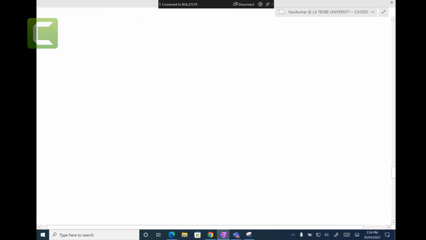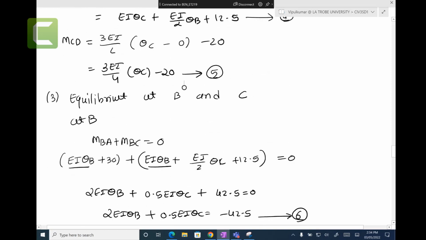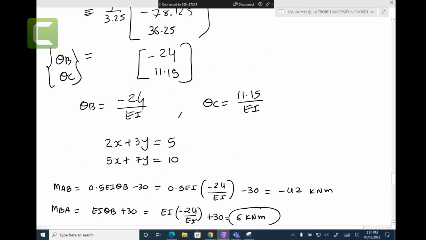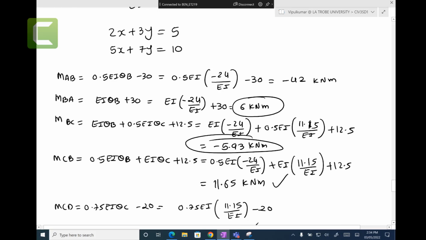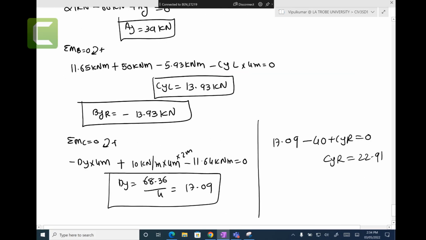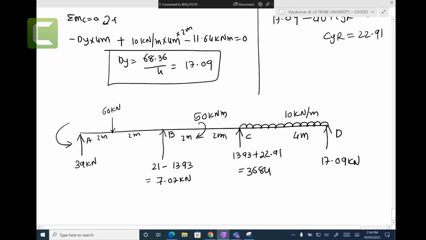Let me find the value for MAB. MAB minus 42, so it goes this way. 42 kilonewton meters.